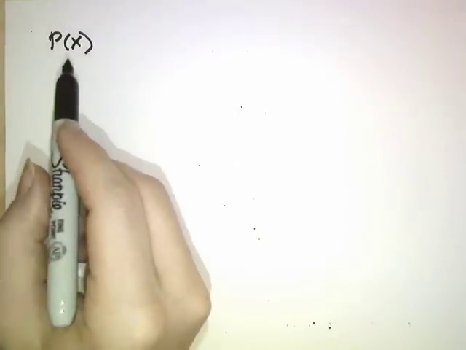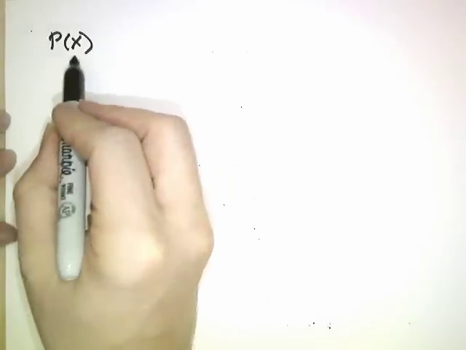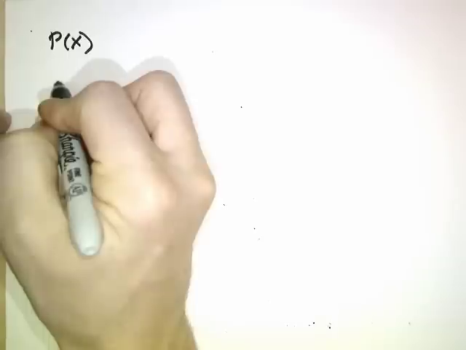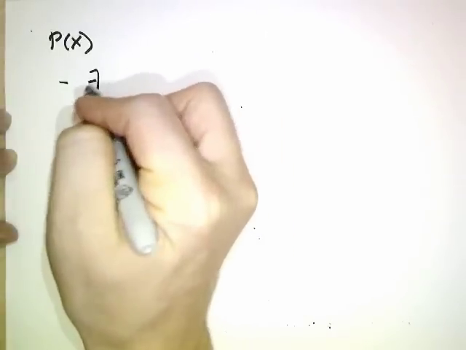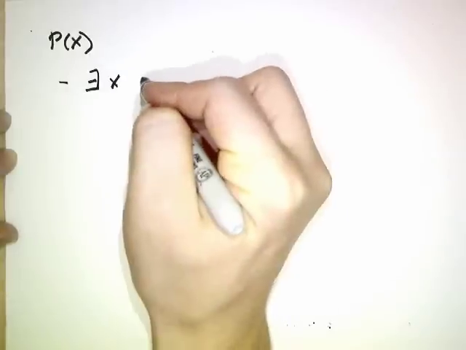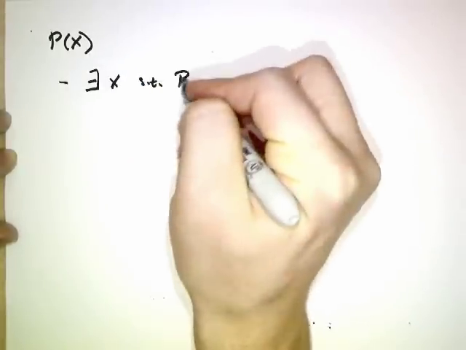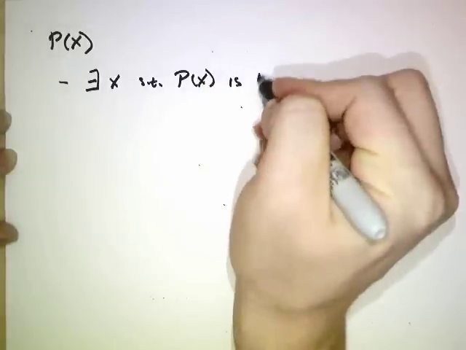So given a particular predicate, p of x, we're going to be interested in what values of x make p of x true and what values of x make p of x false. Another way of writing this is, we'll be interested in questions of the form, does there exist an x such that p of x is true?